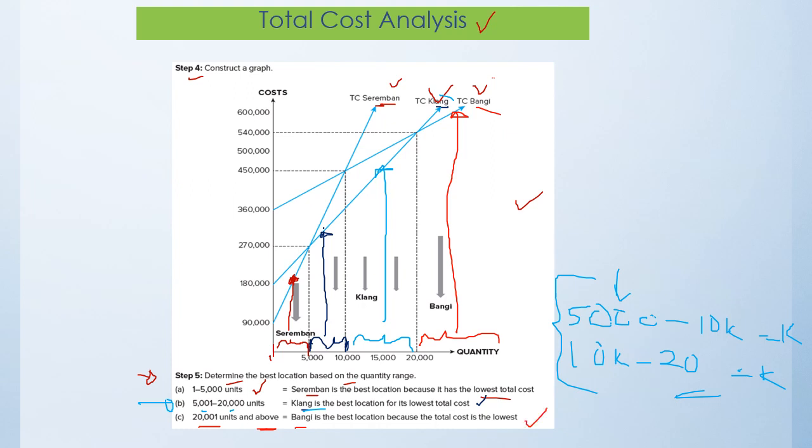So this is how you come up with a decision. You cannot just say one location is the best. The best location depends on the quantity range. So you have to list the quantity ranges and see which one is the best location by taking the total cost line that you touch first. So that's all for total cost analysis. Thank you.